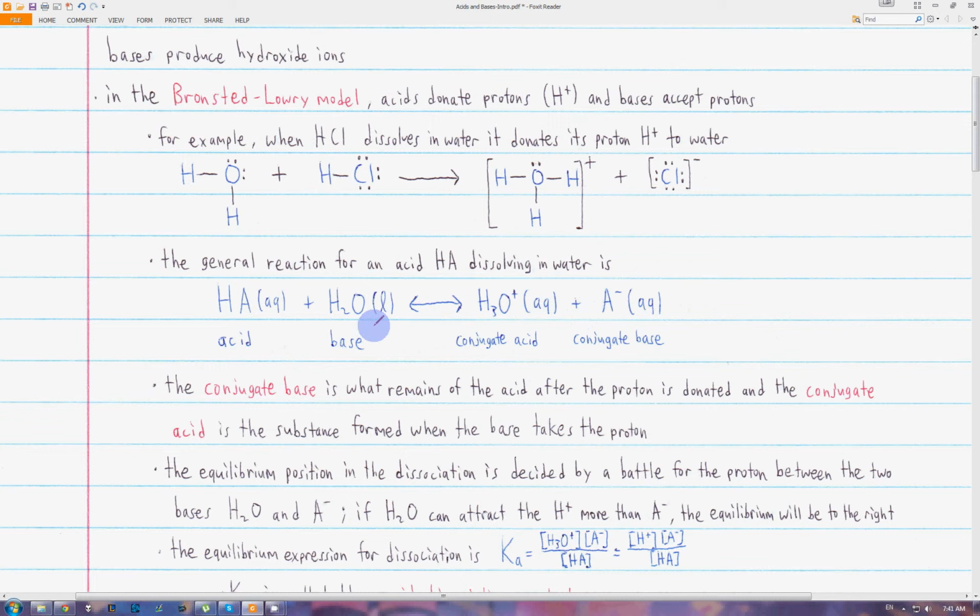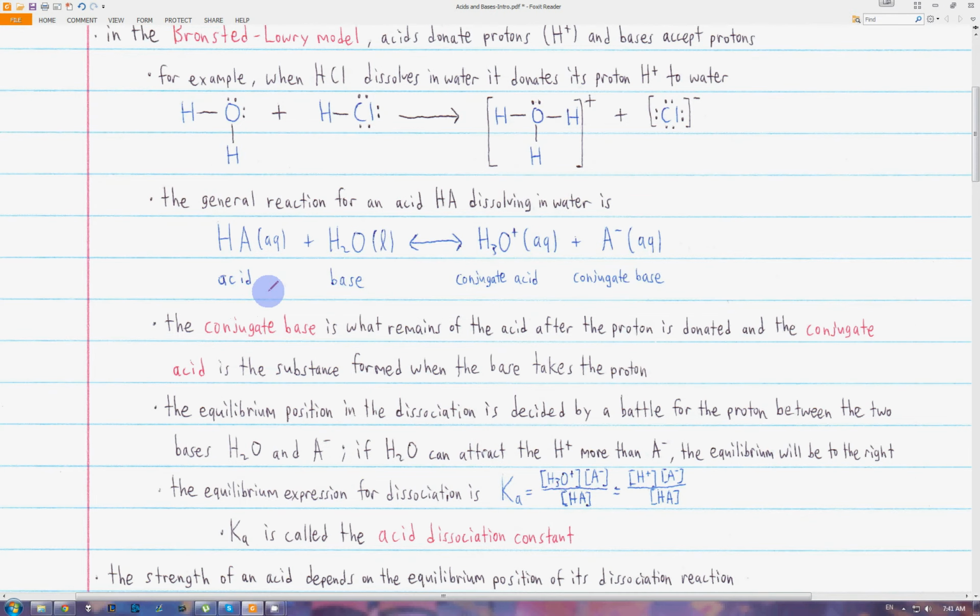So if H2O can attract the proton more than the A minus, then the equilibrium position will be further to the right, because the H2O attracts the H plus to form hydronium. If the conjugate base is a stronger base than H2O, meaning it can attract the H plus stronger, then the equilibrium will be further to the left, because the A minus attracts the proton to form the original acid, HA.